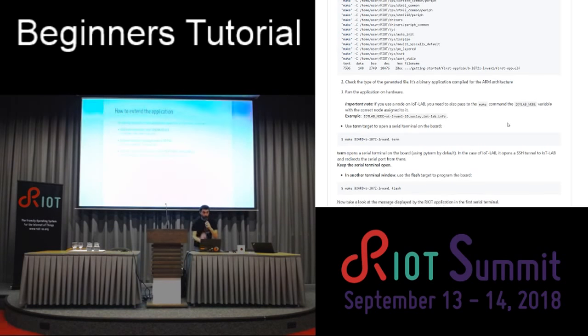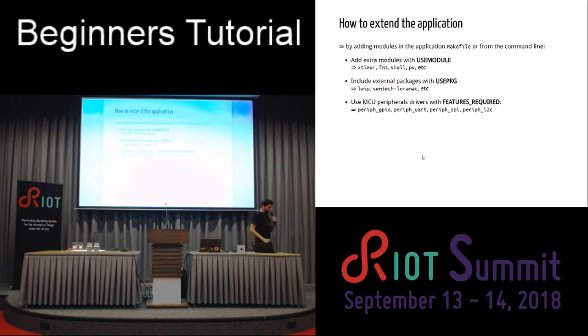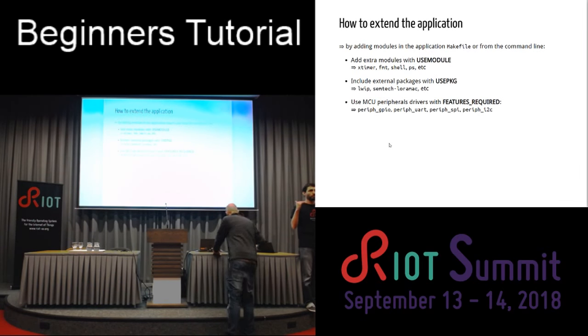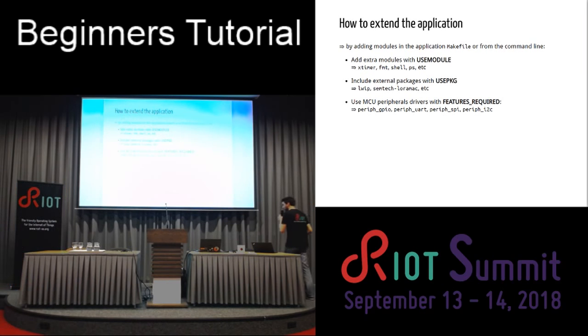Okay, so at the bottom of the README, you have a link to the next slide of getting started. We want to extend our application, because here it is really a very basic application with almost nothing in it. It just prints a message on the stdio of the application. But what we would like to do is do more things with RIOT. And how can we do that?